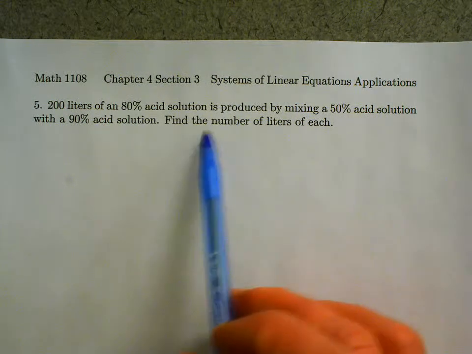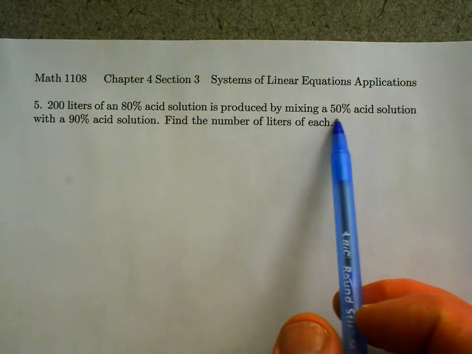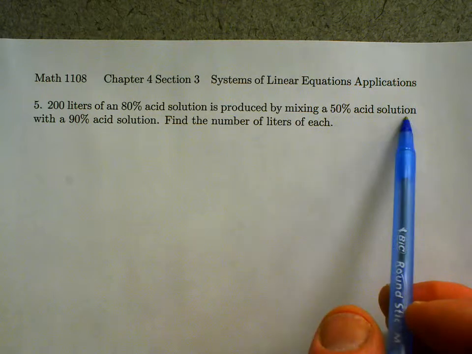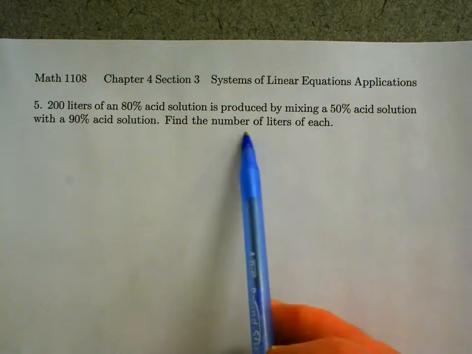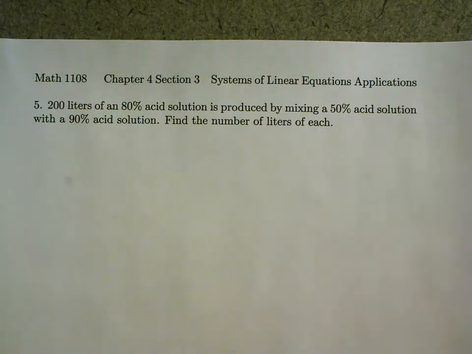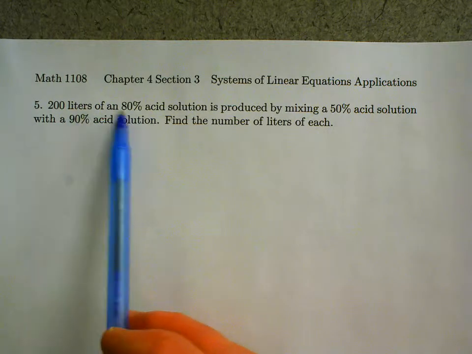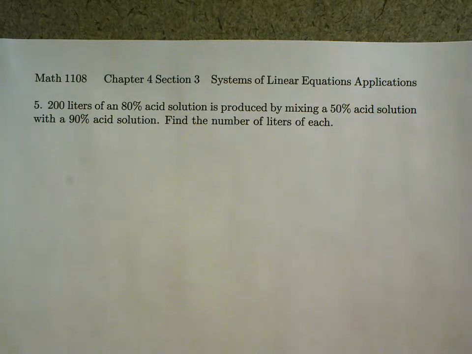So we want to find the number of liters of the 50% acid solution, and the number of liters of the 90% acid solution. Find those two amounts so that when we mix them together, we get a total of 200 liters that's 80% acid.